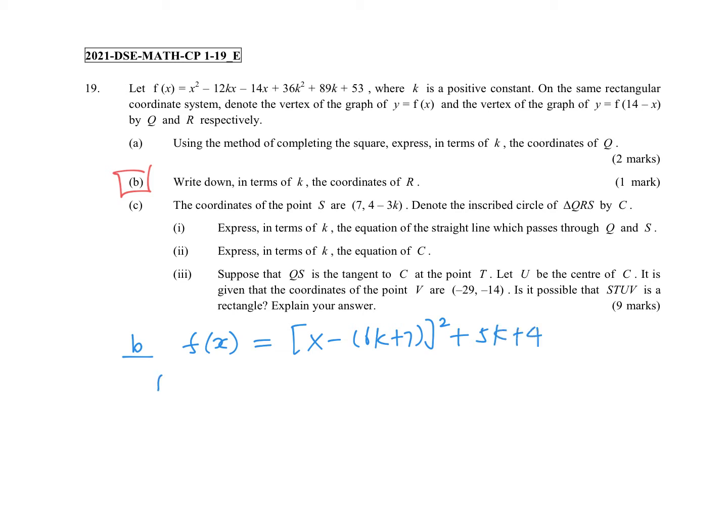Now for f(14 minus x), we use the way learned in Form 4, by replacing x with 14 minus x in the above expression, and then simplifying.